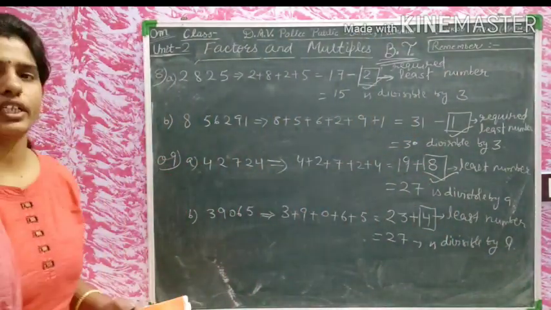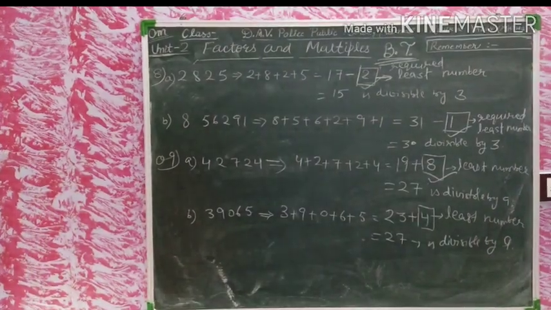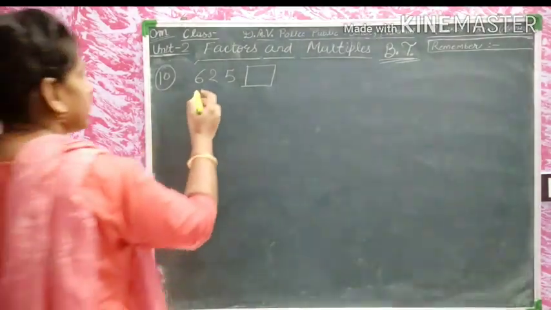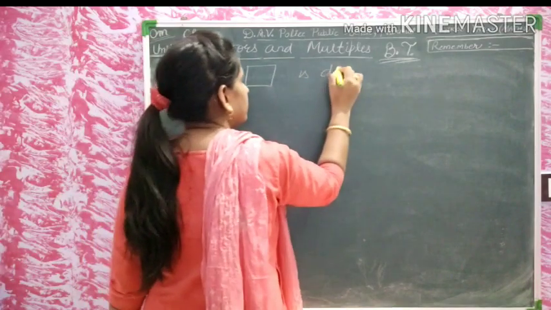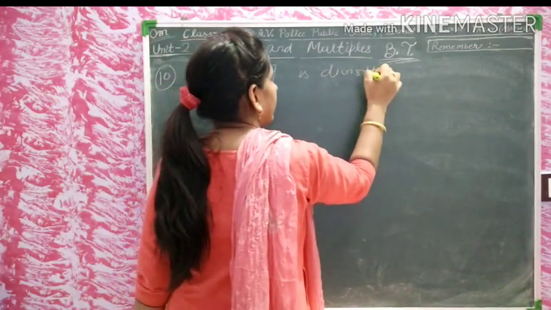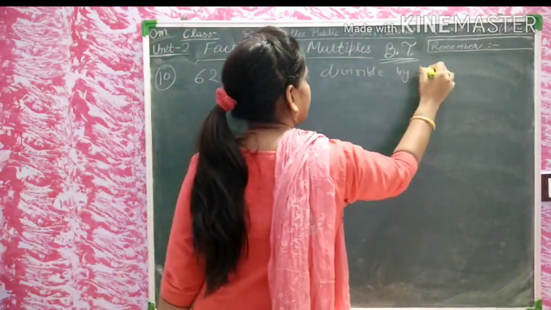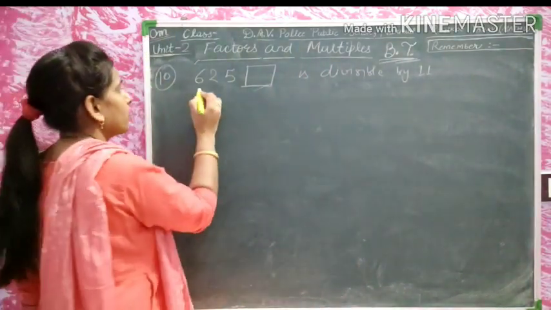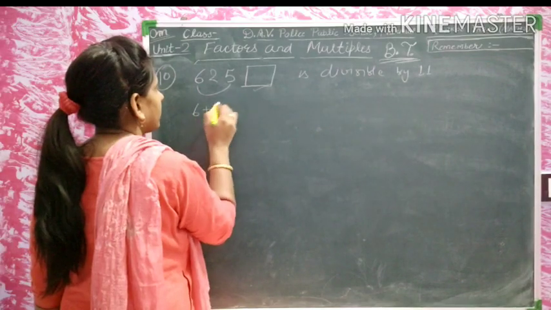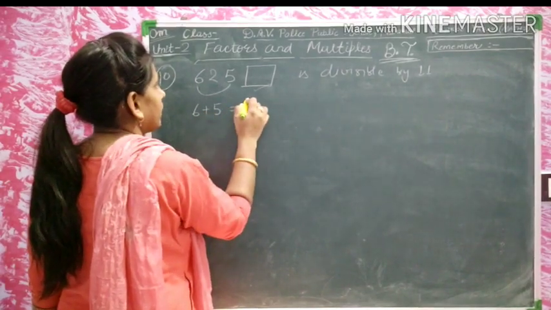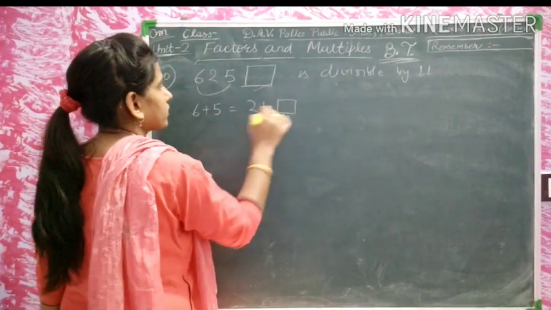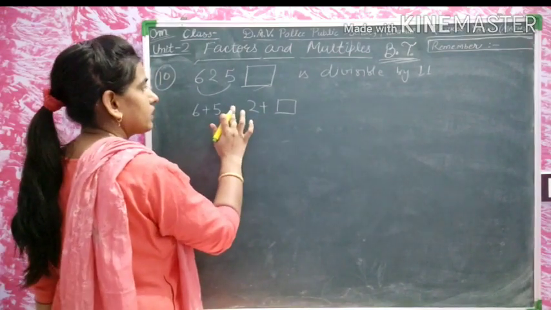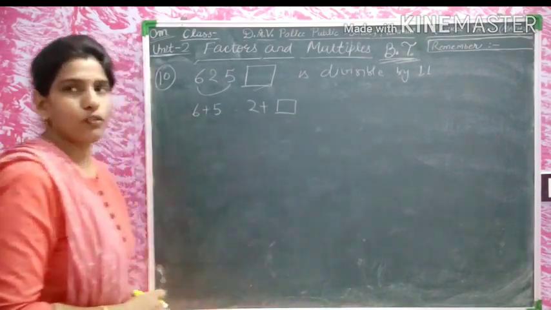Now we will go to the next question, question number 10. Students, you are seeing here that it is divisible by 11. What should be placed here so that it is divisible by 11? So 6 plus 5, that equals, and 2 plus box. The difference of both should be a multiple of 11.